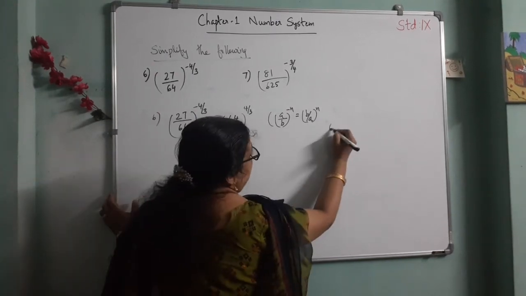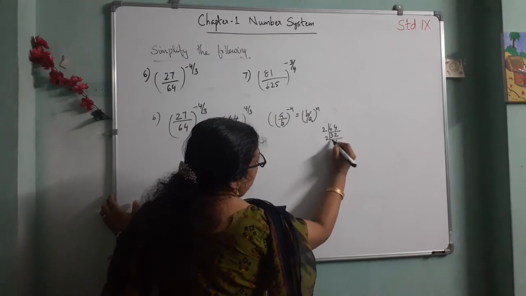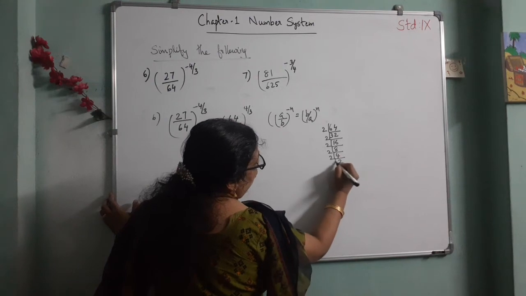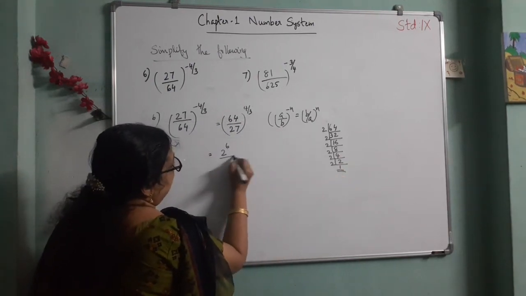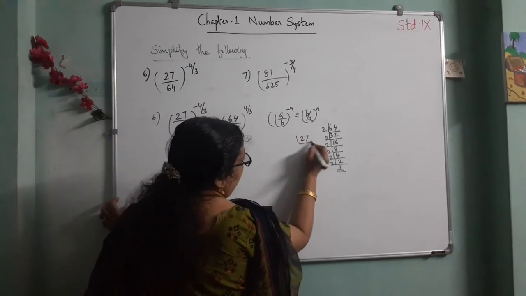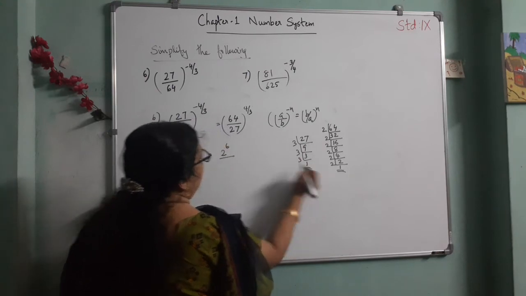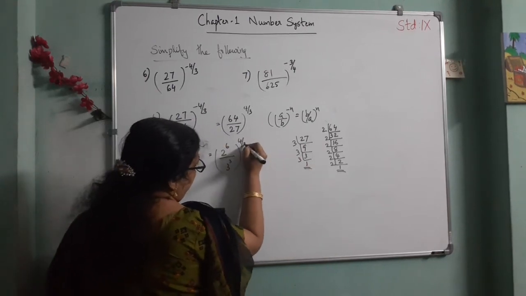Factorizing 64: 32, 16, 8, 4, 2, 1. That is 2 raised to 6, divided by 27: 3, 9, 3, 3, 3, 1. That is 3 cube, the whole raised to 4 by 3.